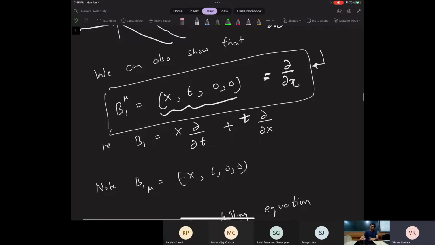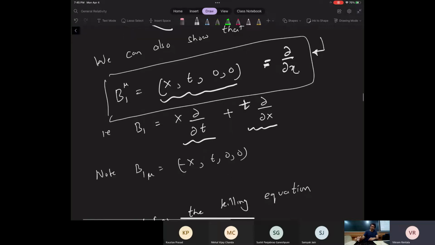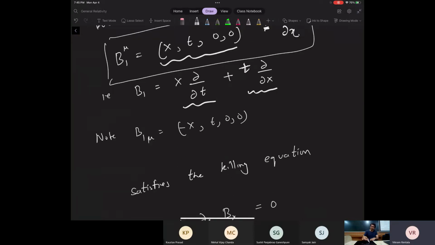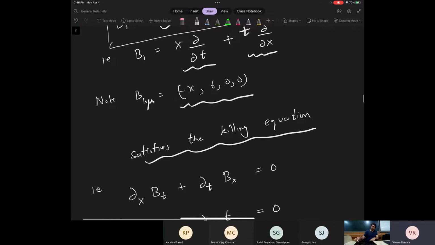In the original Minkowski coordinates, this is (x, t, 0, 0), which we can write as x partial t plus t partial x. Now, if I lower the index, b1 upper mu becomes b1 lower mu, which is (-x, t, 0, 0). The first thing we'll check is that this satisfies the Killing equation.